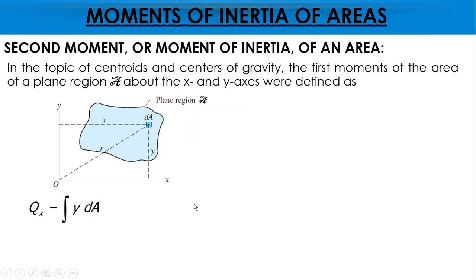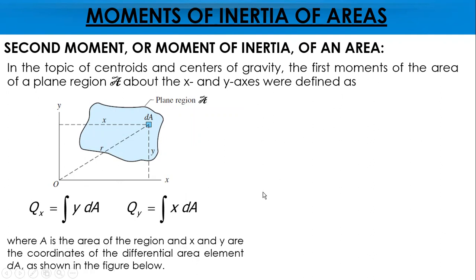And first moment of area about the y-axis: integral of x dA, where A is the area of the region and x and y are the coordinates of the differential area element dA, as shown in the figure below.